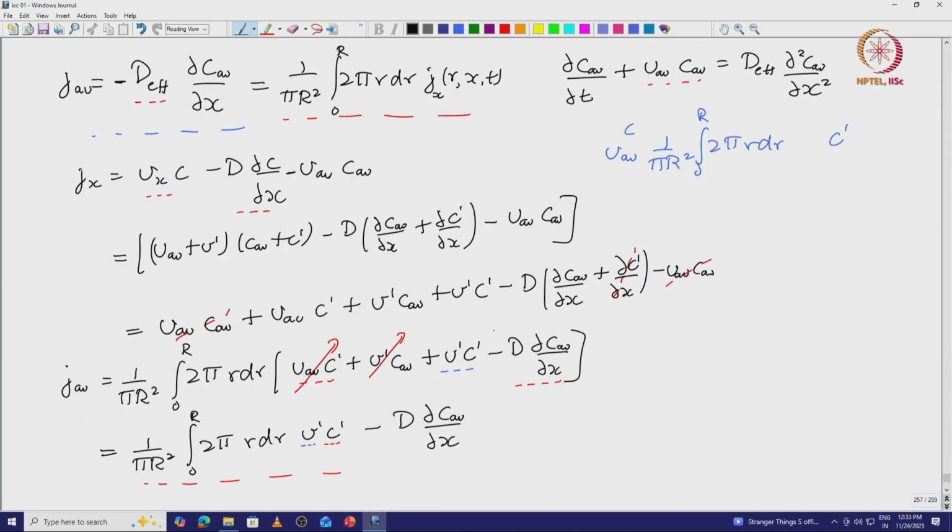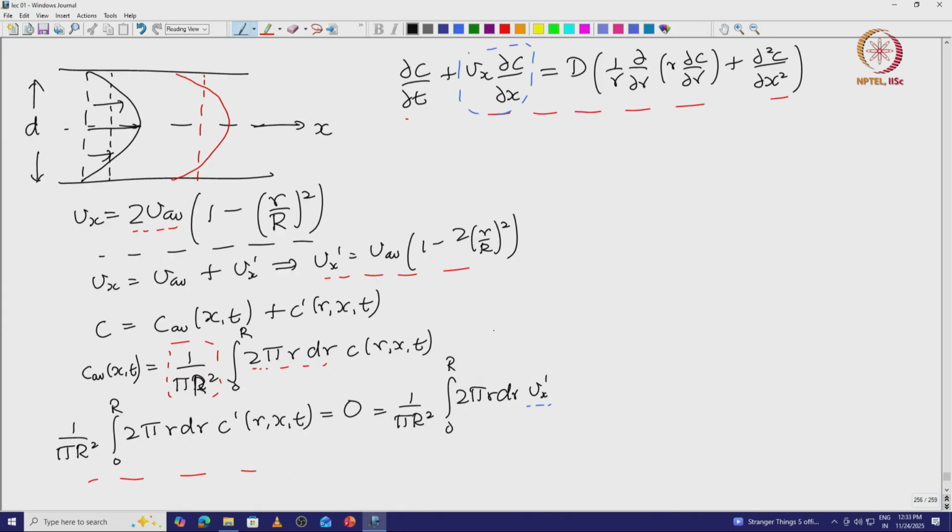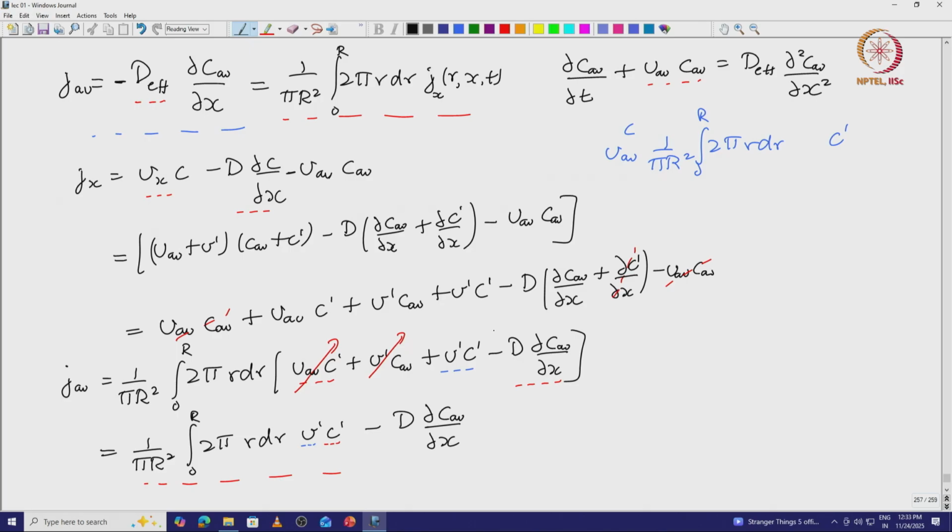So, let us go back to our expression for the average flux, which is this expression.